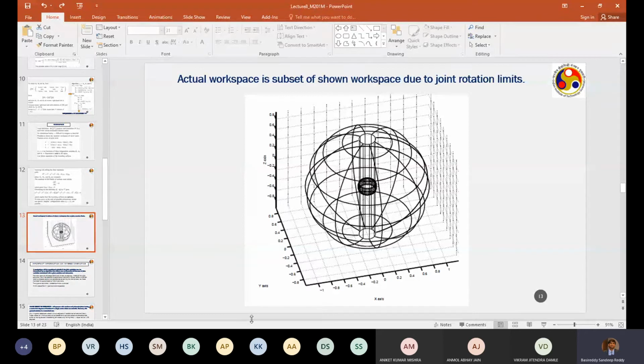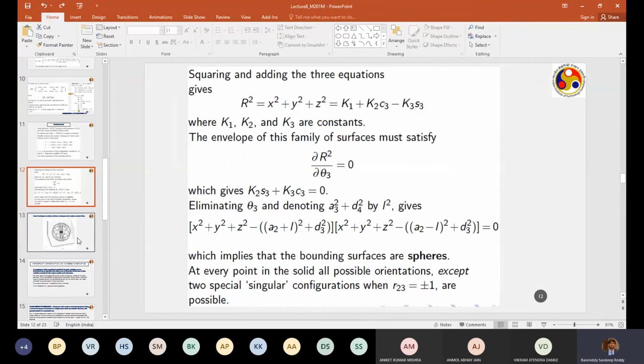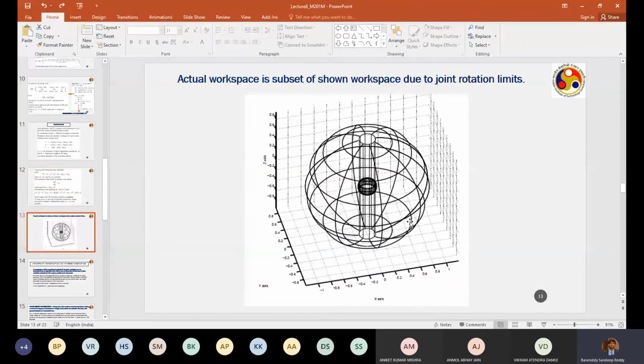In this case, it is even difficult to picture what the configuration of each link will be to get this kind of workspace. So in such cases where you have very large degrees of freedom, all you can do is check if these equations are correct, and when you simulate them, whatever figure you get, you just have to accept. That's all. In this case, it turns out to look like this.